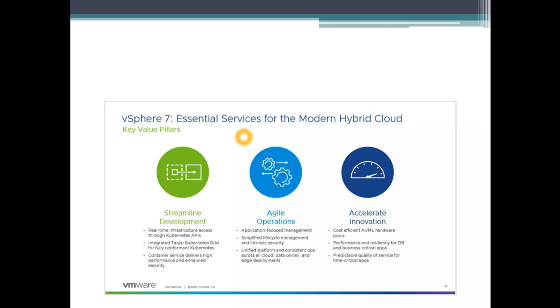The other pillar is agile operations: application-focused management, simplified lifecycle management, intrinsic security and unified performance, and basically consistent ops across cloud, data center, and edge deployments.